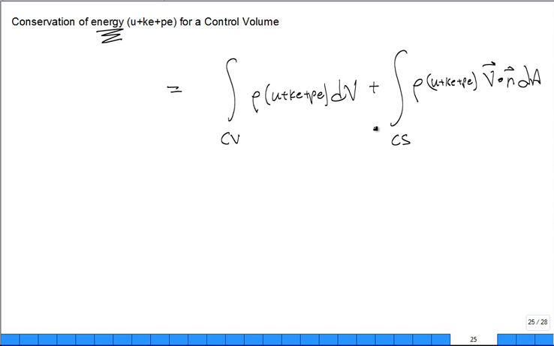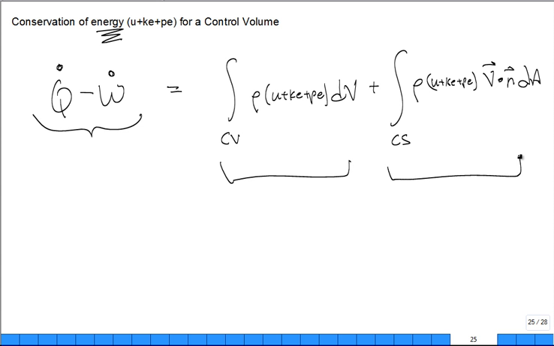And then for the mass, we had nothing that could create mass or destroy mass. But we can have a heat transfer in and a shaft work out of a general control volume. So we could have things which contribute to the accumulation, depletion of energy, as well as the transfer of energy across the boundary of our control volume.